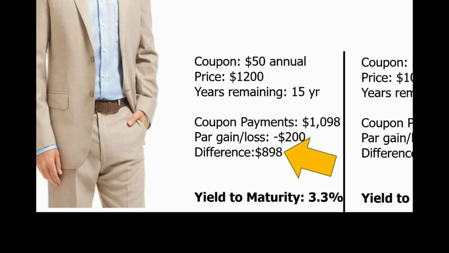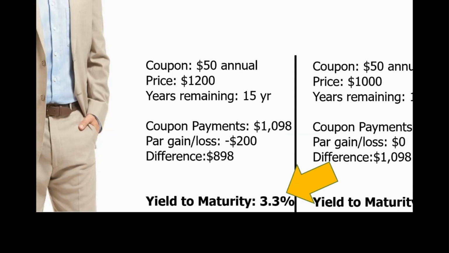So if you buy this bond at that price and hold it clear to maturity, Joey is going to make $898. As we look to the yield to maturity, that yield would actually be 3.3% for that purchase price, which is significantly lower than the 5% coupon that you might think when you look at it from the simple interest and coupon yield perspective.